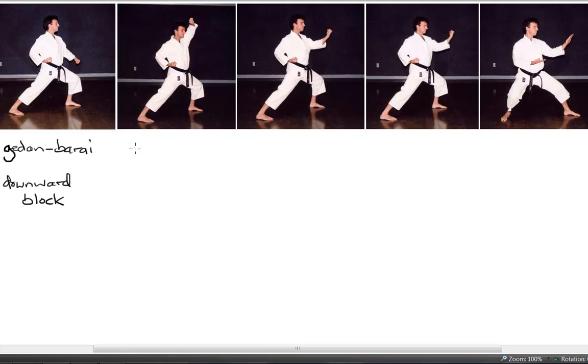Okay, the next one is called age-uke. And age-uke, of course, is the rising block. I'll talk about each of these individually in just a second. Next, we have the soto-uke, which we generally refer to as being called the outer block.